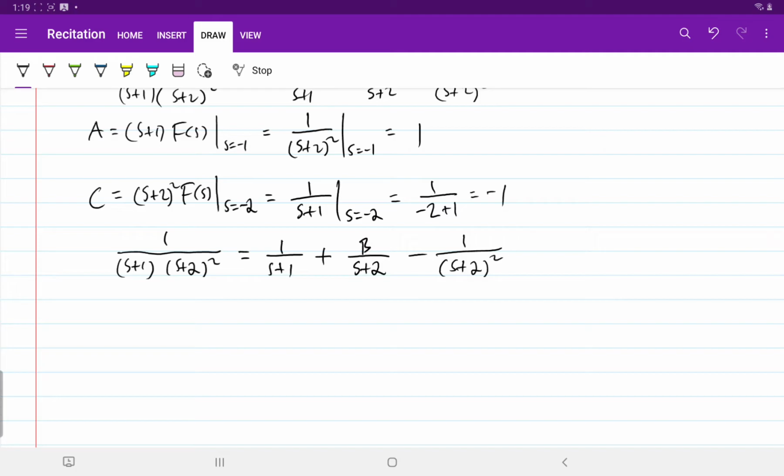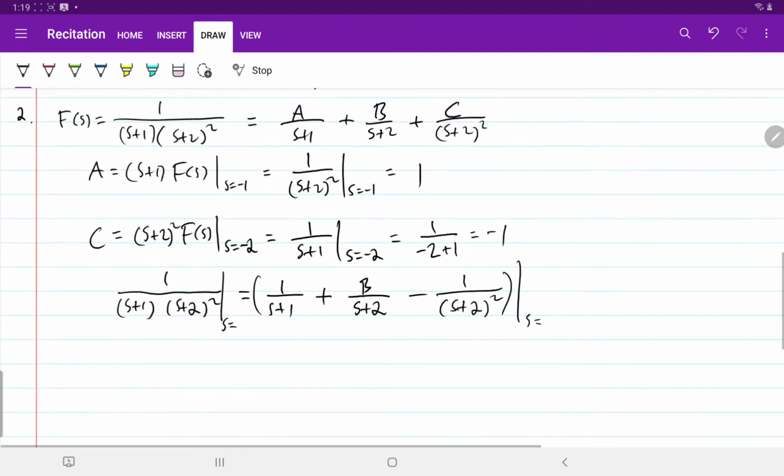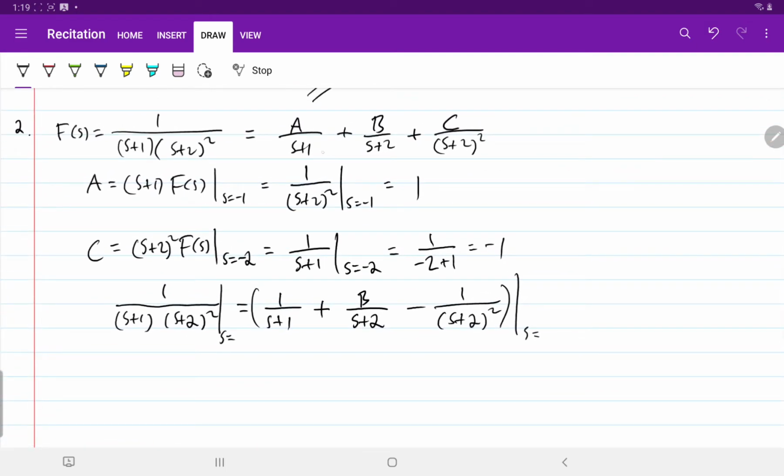For both sides we can substitute s with any value, other than the roots of s plus 1 and s plus 2. So you can substitute s with any value other than minus 1 or minus 2.